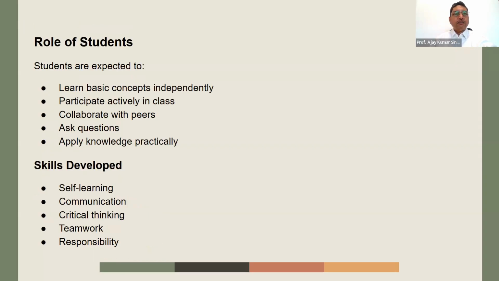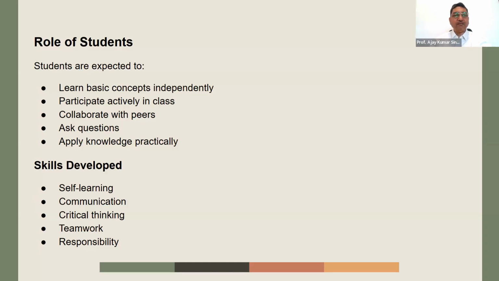And the role of students, if we see, students are expected to learn basic concepts independently, participate actively in class, collaborate with peers, ask questions, apply knowledge practically. So their role has also changed. If the role of teachers has changed, the role of students has to change. And that is what the Muni model in Muni International School, Dr. Ashok Kumar Thakur is talking about, that the school students should not be treated as passive learners.